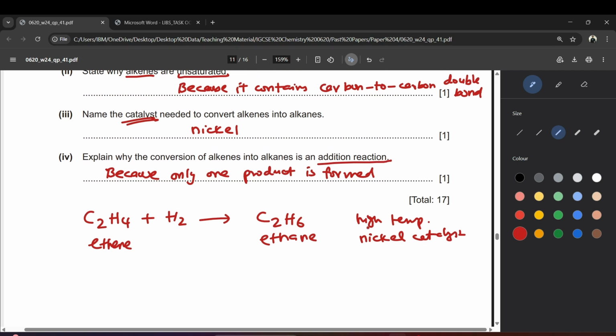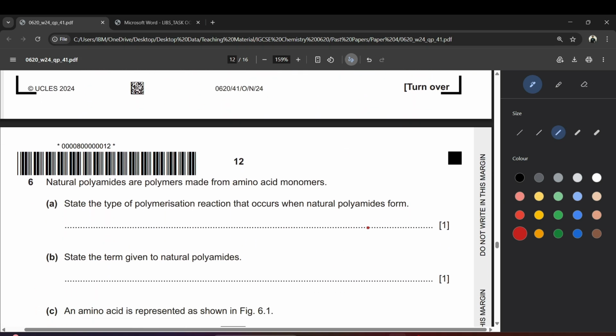Okay, all right. Question number 6. Natural polyamides are polymers made from amino acid monomers. State the type of polymerization reaction that occurs when natural polyamides form. So this will be condensation polymerization.